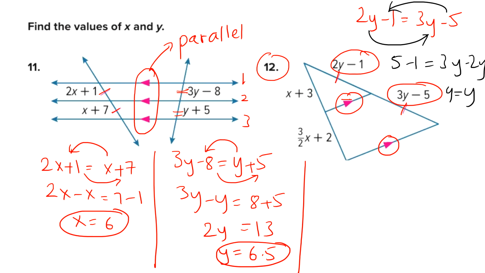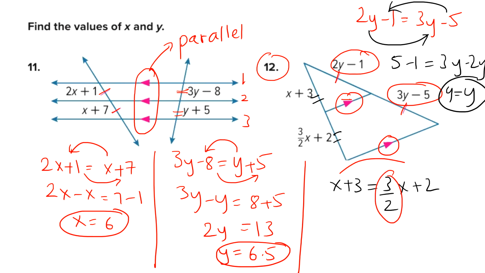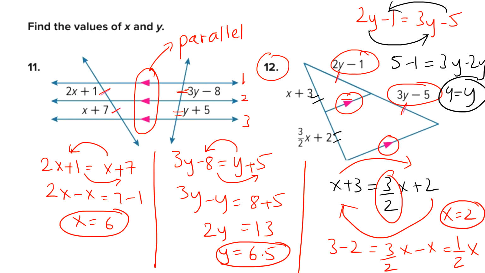So y is 4. Similarly, these two are going to be equal by the same theorem. So x plus 3 is going to be 3 by 2, x plus 2. Now use your calculator carefully because there's a fraction here. So when I move my x here and 2 here, what happens? 3 minus 2 is 3 by 2x minus x. So this is going to be 1 by 2x. Solve for x. Your x will come out to be 2 for this question.